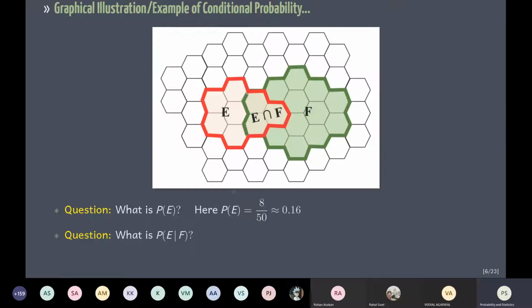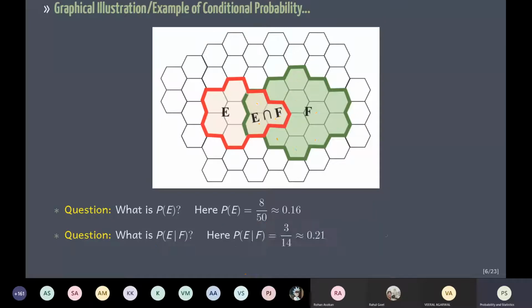Now I can ask a conditional probability. What is the probability of E given F? In the case of equally likely outcomes, you have to do E intersection F. This is the formula: the cardinality of E intersection F over the cardinality of F. E intersection F in this case is 1, 2, 3, and F is how much? 1, 2, 3, 4, 5, 6, 7, 8, 9, 10, 11, 12.